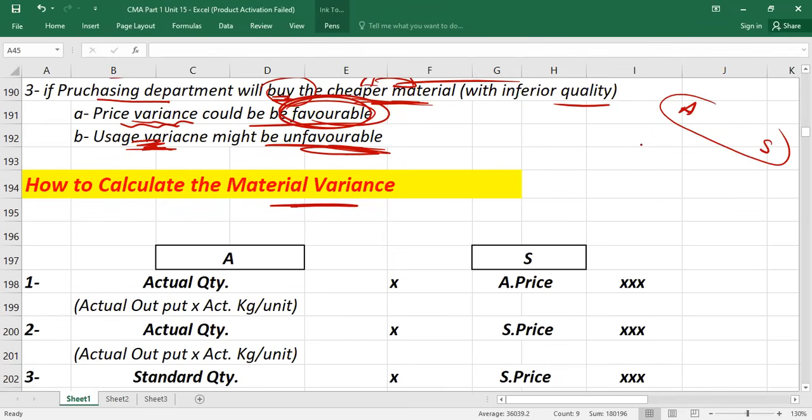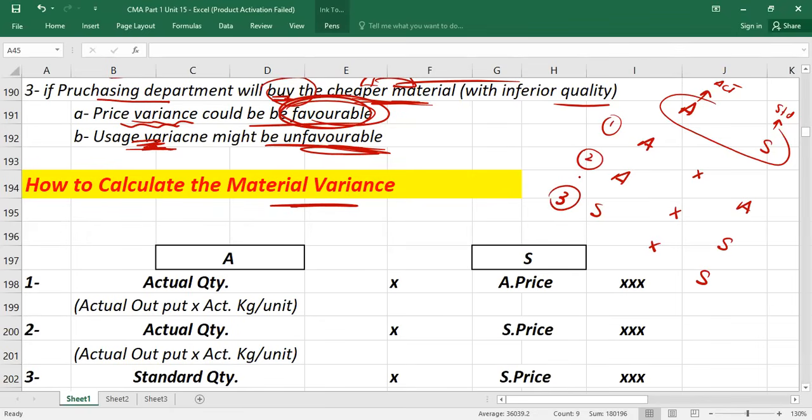Number one, A times A. Then second line would be A times S. And third combination would be S times S. Please remember here, A stands for actual and S stands for standard. So these are three combinations: A times A, A times S, S times S.